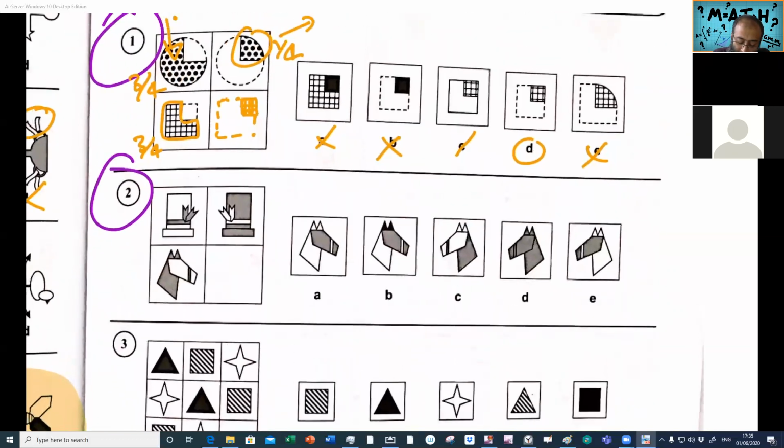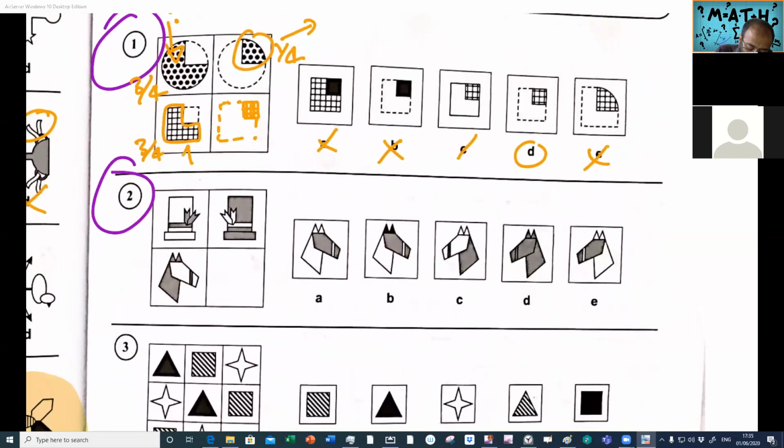D's the answer, girls, because here you have a solid background, and here you have a dotted background. That's the change. So we go from a solid outline to a dotted outline. So C and D are close, but you can't have solid here.